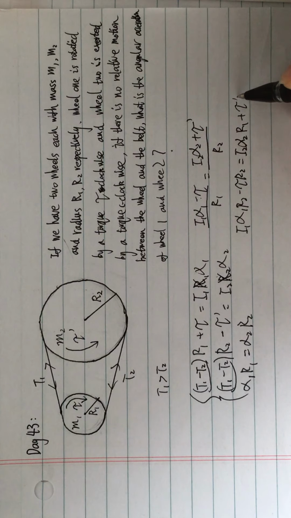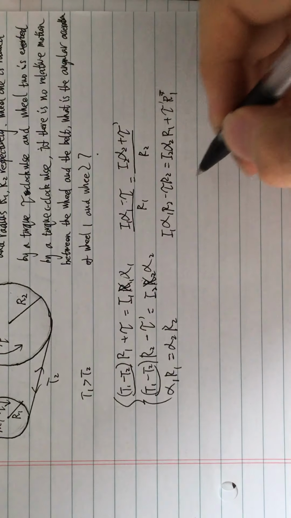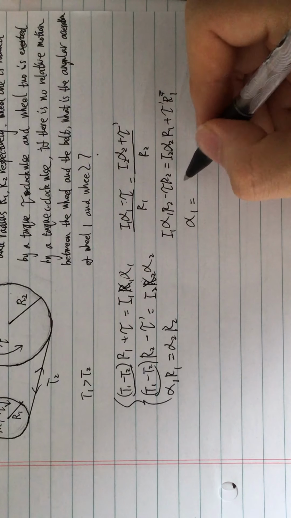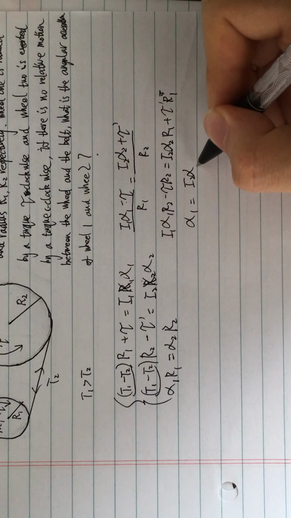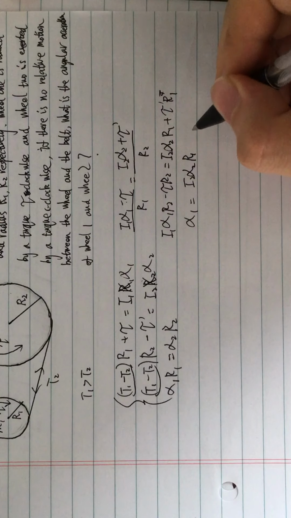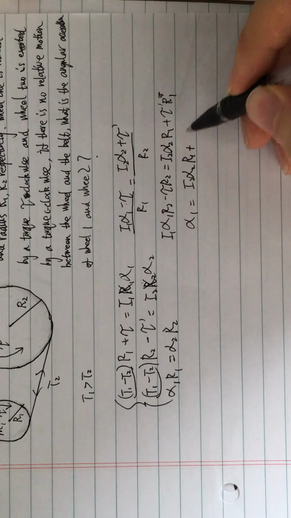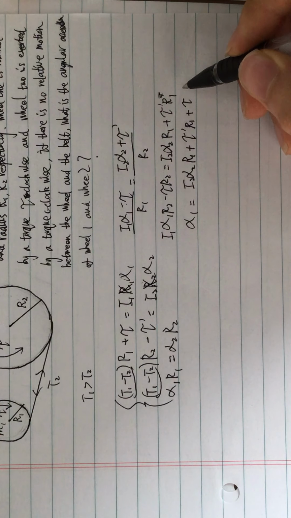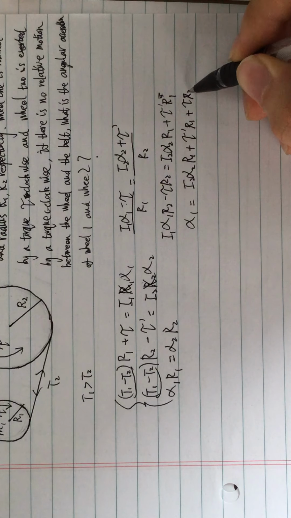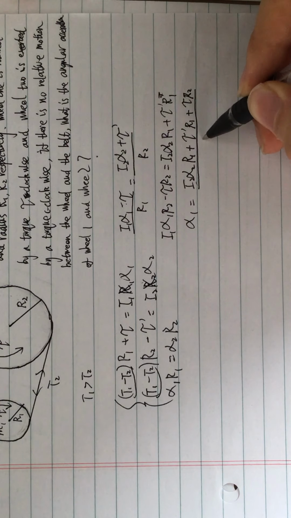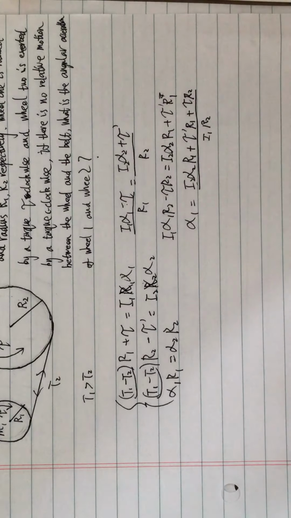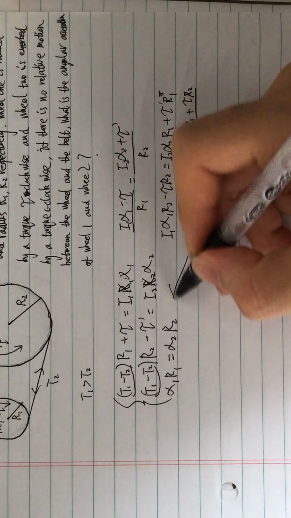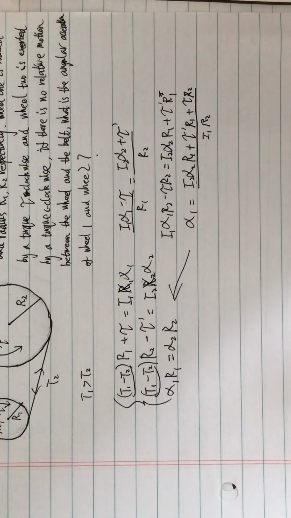Okay, then we can keep going. Alpha 1 will be equal to I2 alpha 2 times R1 plus torque prime times R1 plus torque times R2, divided by I1 and R2. So now we have solved for alpha 1. Let's plug it into the other equation to solve for alpha 2.